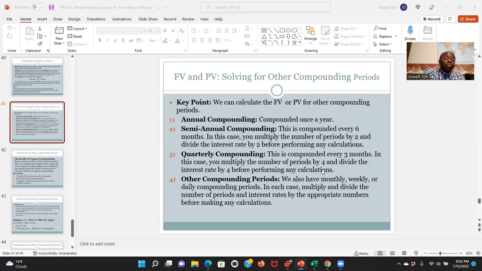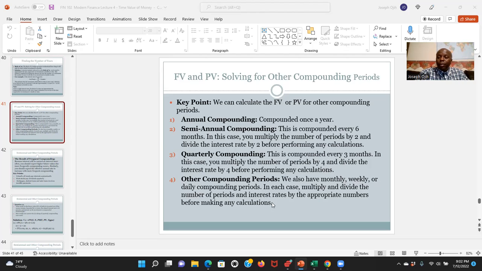Now we have other compounding periods. It can be monthly. In that case, you divide the interest rate by 12 and multiply the number of periods by 12 before doing any calculations. If it is weekly, we have 52 weeks in a year, so you divide the interest by 52 and multiply the number of periods by 52, then use those values.